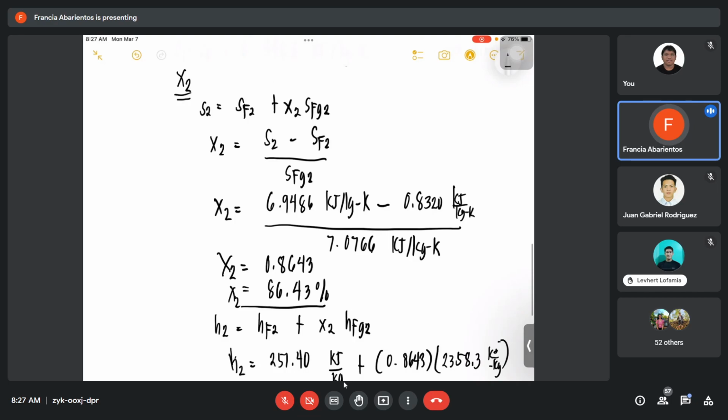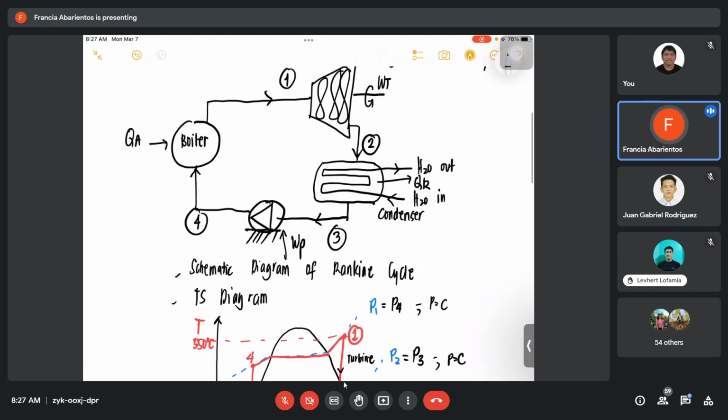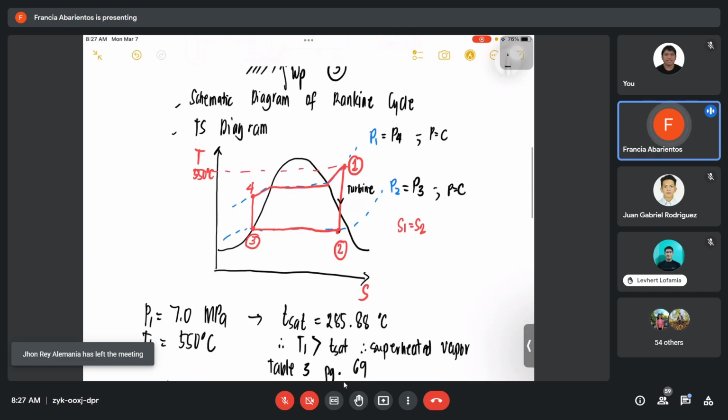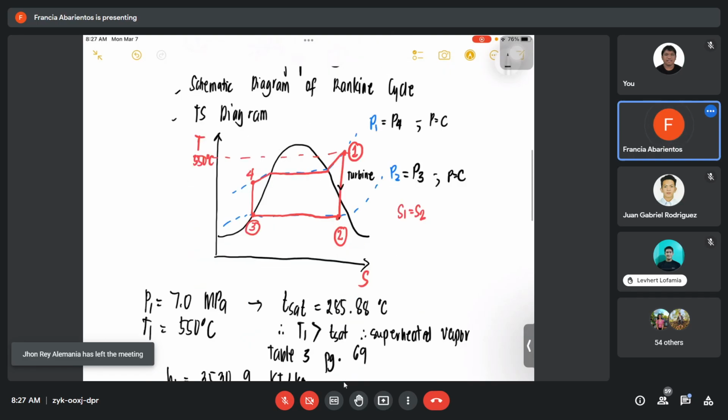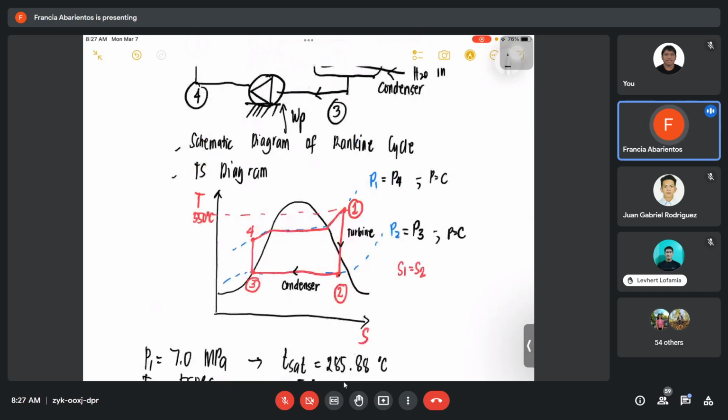Let's go back to our TS diagram. From the turbine, here is the schematic and the TS. 2 to 3 is the condenser. We all know that all the properties at state 3 is a saturated liquid.